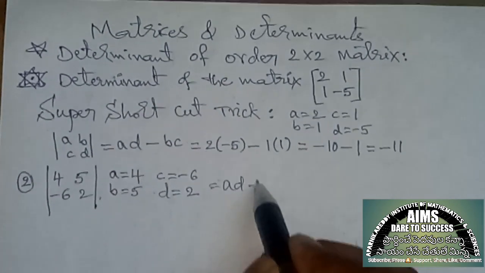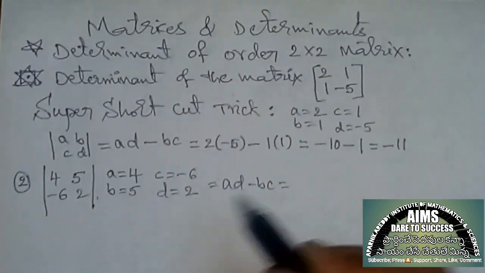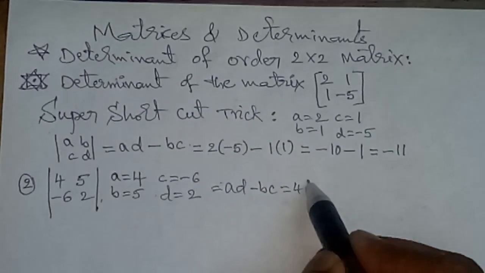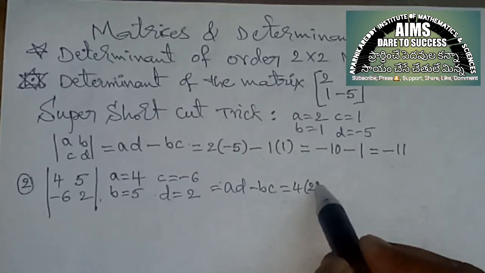Formula is AD minus BC is equal to A value 4 into D value 2.